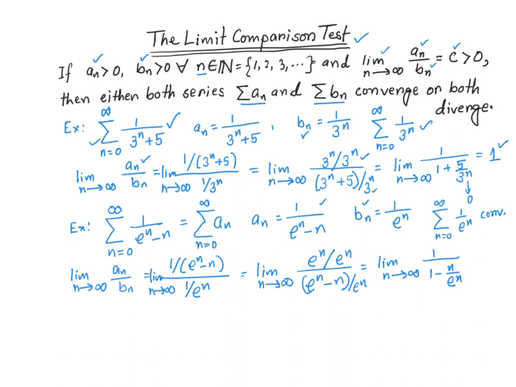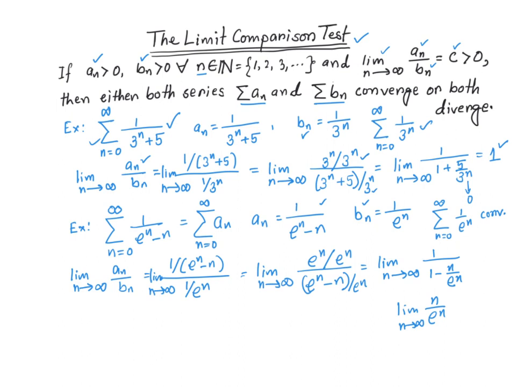Now we could use the properties of limits to break it down. As we can see, the only thing dependent on the limit is n over e to the power n, right? So as n approaches infinity, what happens to this term? I want to find that behavior.